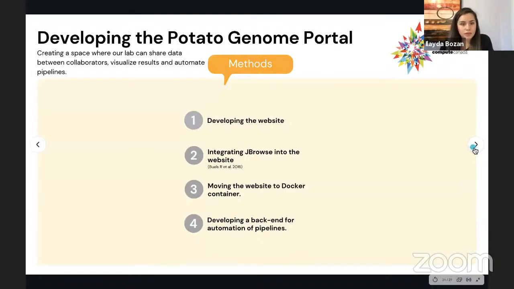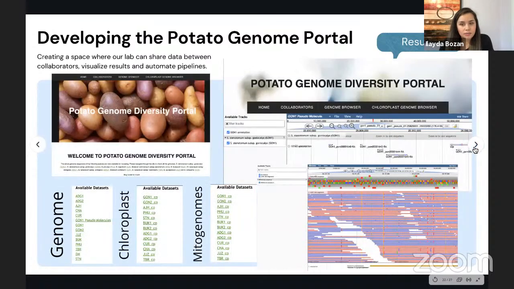And for the last part of the project, we developed the potato genome portal. And this is the potato genome portal that we created. We did this in order to show our results. Right now we have 13 of our genomes and their chloroplasts, and very soon we will have their mitogenomes available as well.